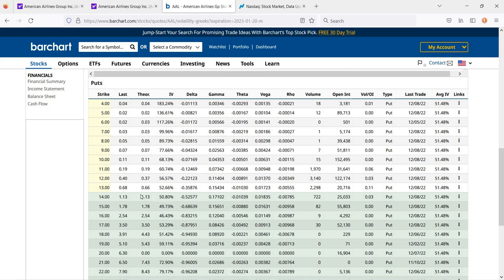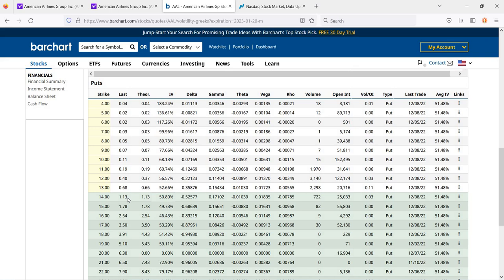For this particular trade, I used up about $250 capital, and I received $1.13 times 100, so $113, into my account. Once I close it, obviously I will need to give back a portion of that premium, provided that it will be a successful trade.